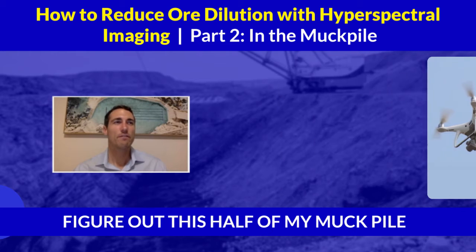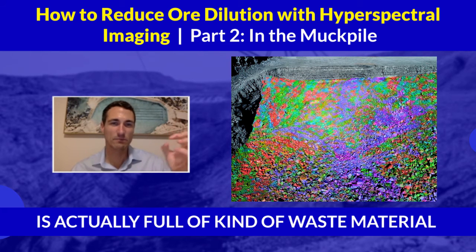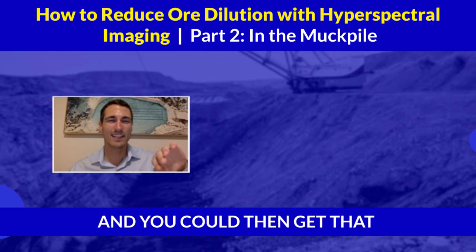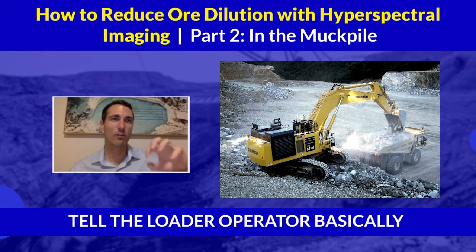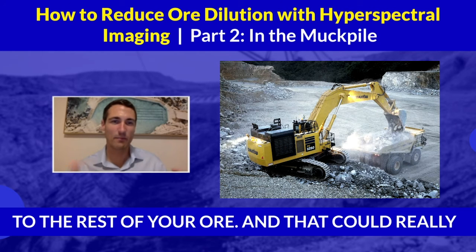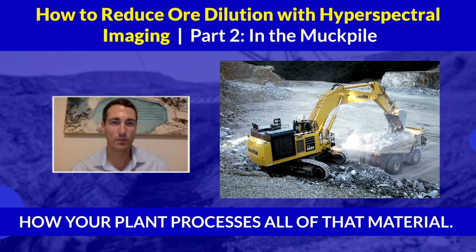You could figure out this half of my muck pile is actually full of waste material, impurities, and you could then tell the loader operator to put that into a different area to the rest of your ore, and that could really optimize how your plant runs, how your plant processes all of that material.